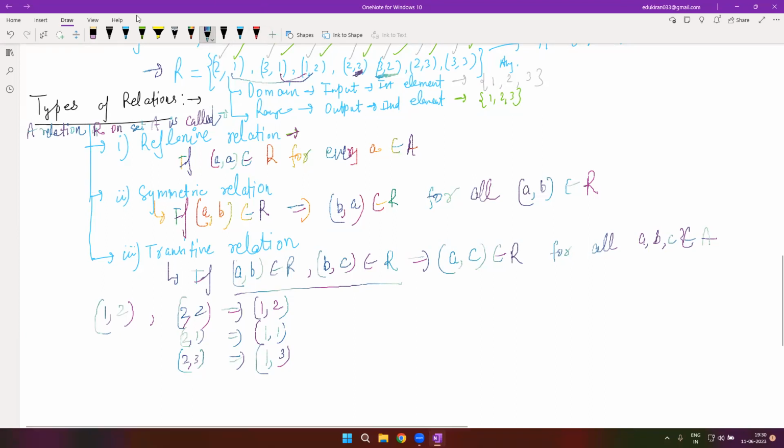Right? Now let's check these conditions on some relation. You try to check whether these given relations are reflexive, symmetric, or transitive or not. So A is given to you: 1, 2, 3, 4.